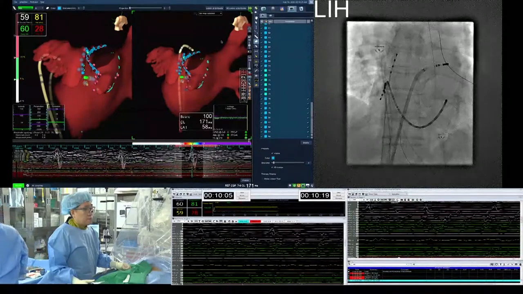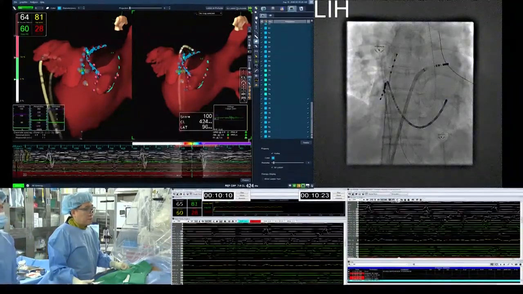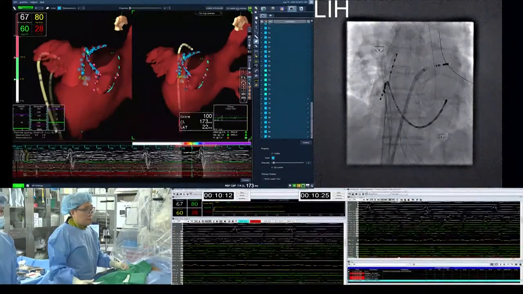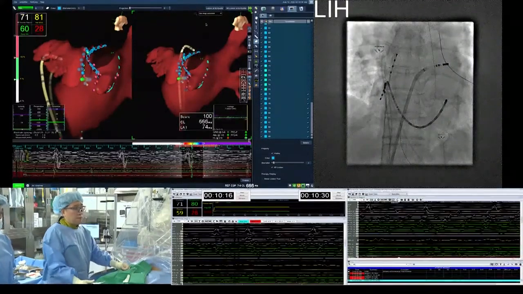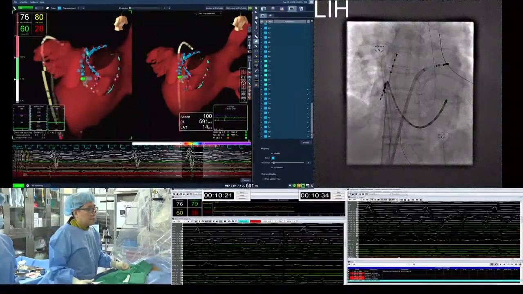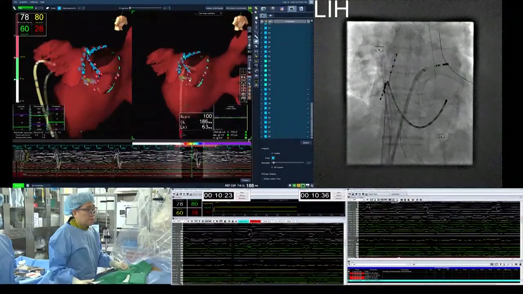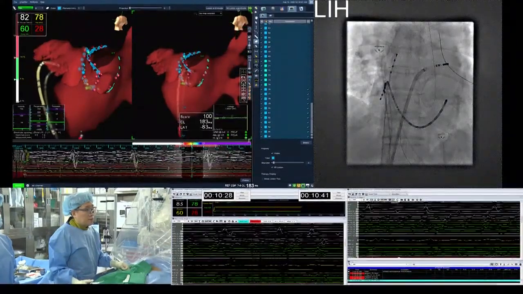But please make sure, if you push your ablation catheter a little more, the free wall of the left atrial appendage has very thin musculature with a lot of trabeculation. So don't ablate inside of the appendage, just the appendage ostium, the posterior aspects is my target.